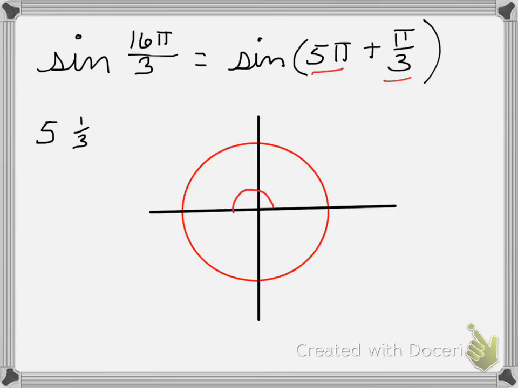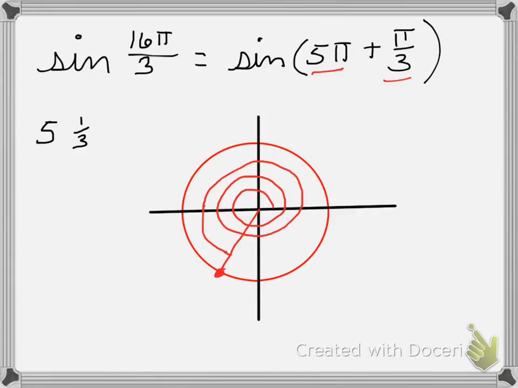Well, there's 1 pi, 2 pi, 3 pi, 4 pi, 5 pi, and then pi over 3 more would be down here.